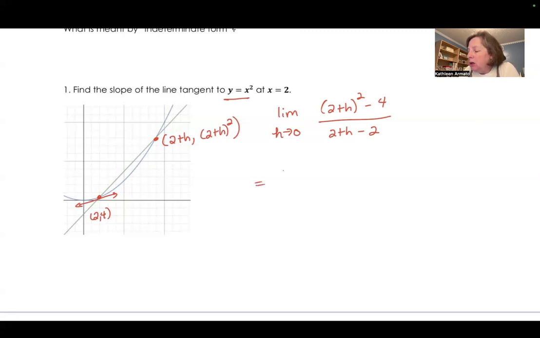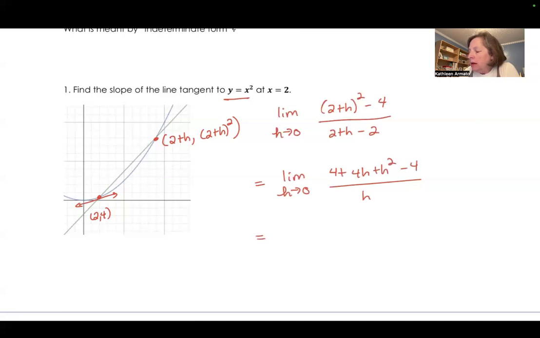But if I just use a little bit of algebra, I'm going to square the 2 plus h, and I'm going to get 4 plus 4h plus h squared minus 4 over just h.